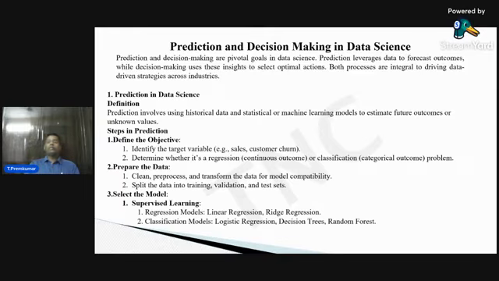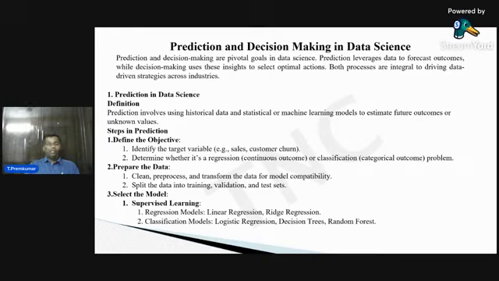Both processes are integral to driving data-driven strategies across industries. Predictions in data science involve using historical data and statistical or machine learning models to estimate future outcomes or unknown values.